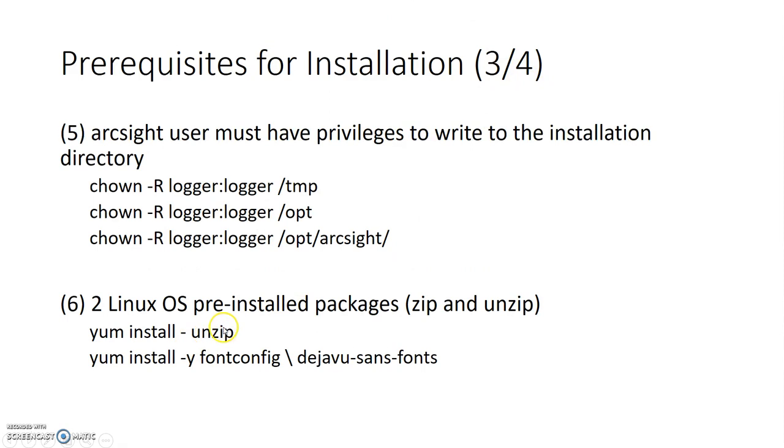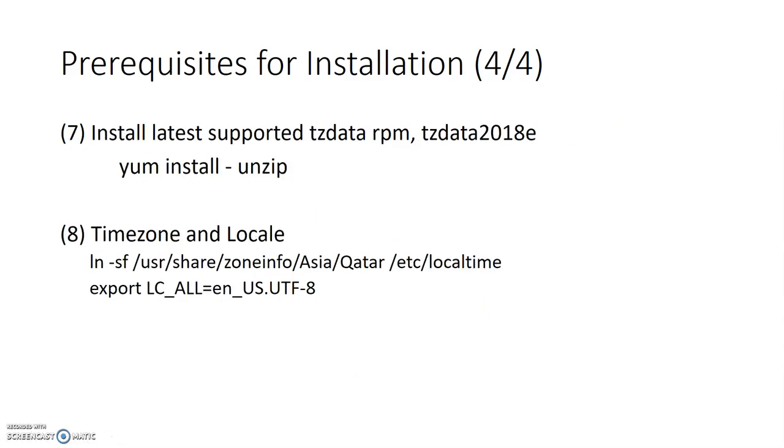So we need to install the unzip and zip packages. They are used by the Logger software. And we need also to install the latest supported tzdata RPM. So yum install, and this is a typo again. I will make sure this is corrected in the slides.